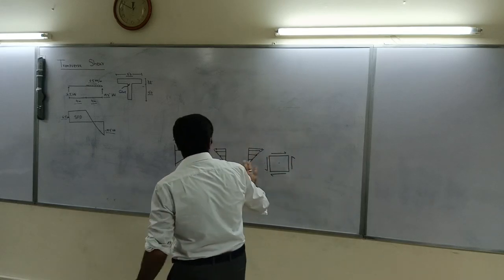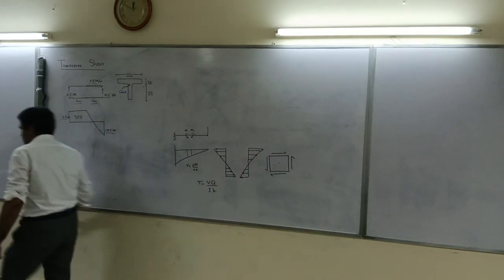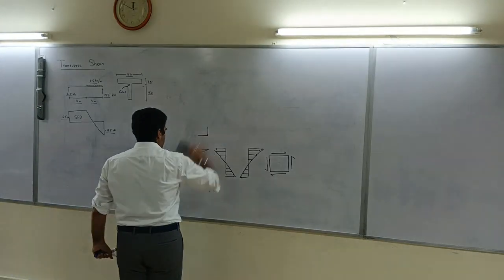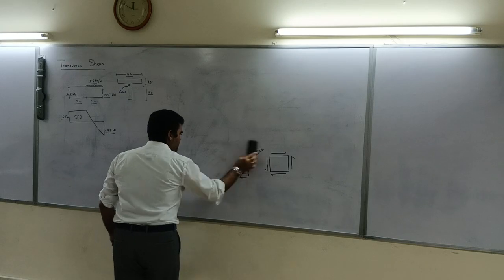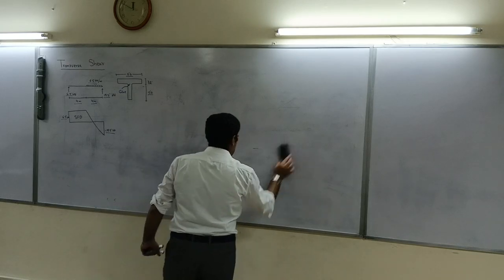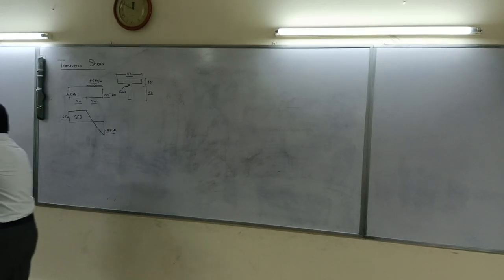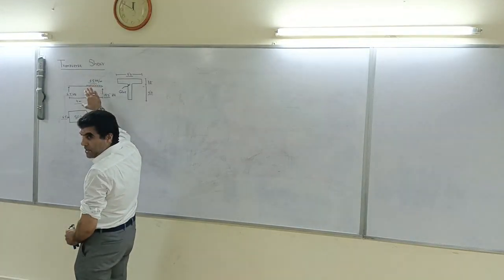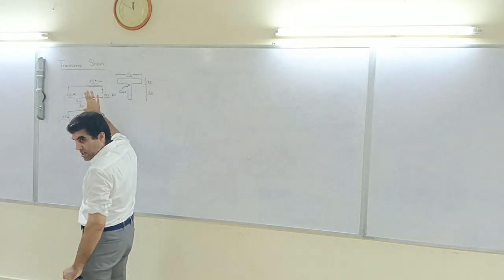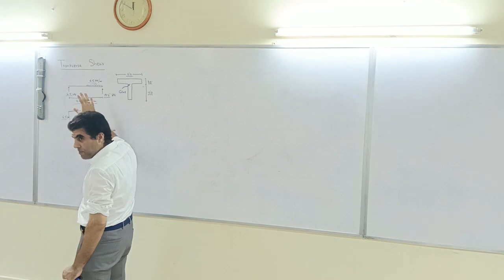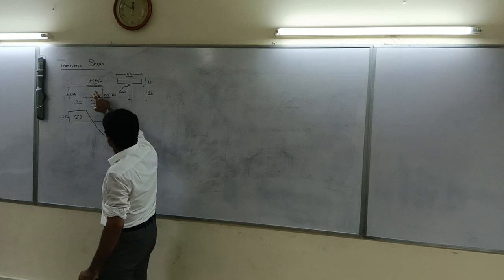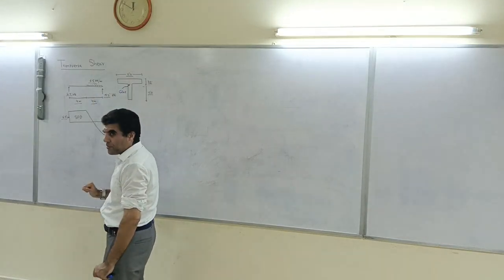Now look into this problem. We are given a beam which is subject to a partially uniformly distributed load. This beam has a T cross section.